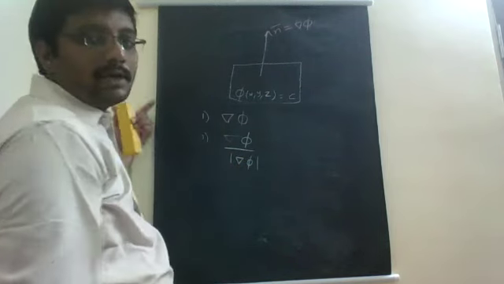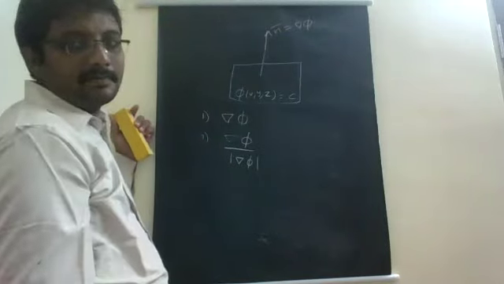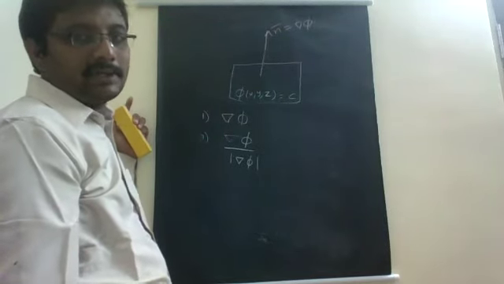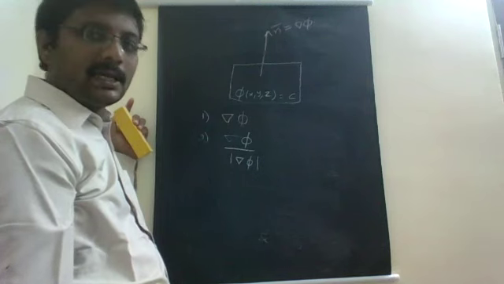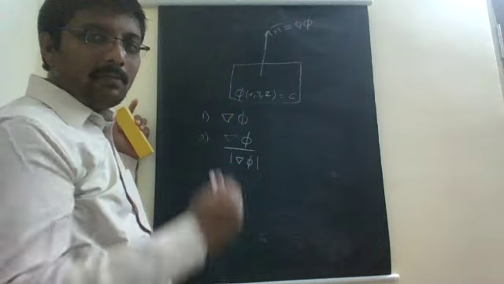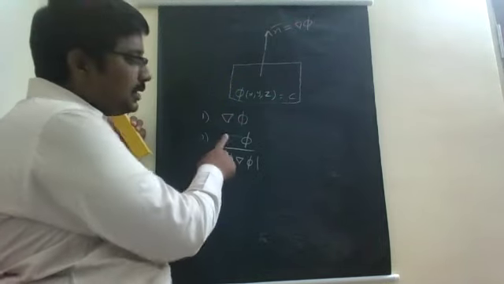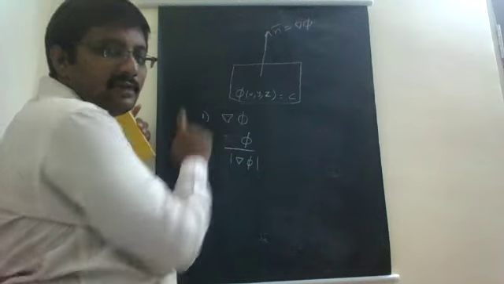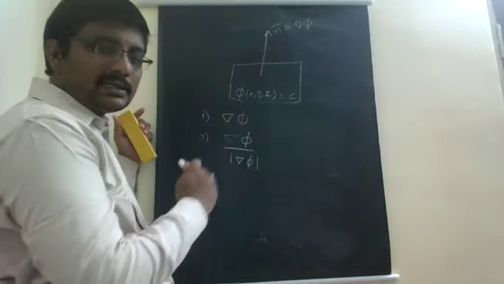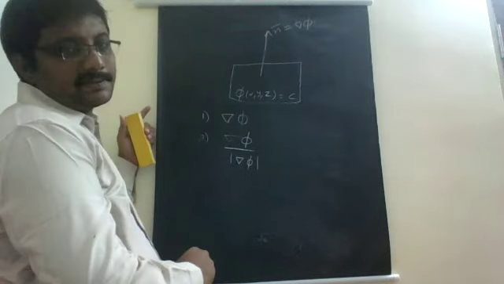Here modulus of del phi is the magnitude of del phi. In lower classes we studied unit vectors. Suppose a bar is any vector, then its unit vector is given by a bar upon modulus of a bar. Like that, the unit normal to the surface is del phi upon modulus of del phi.